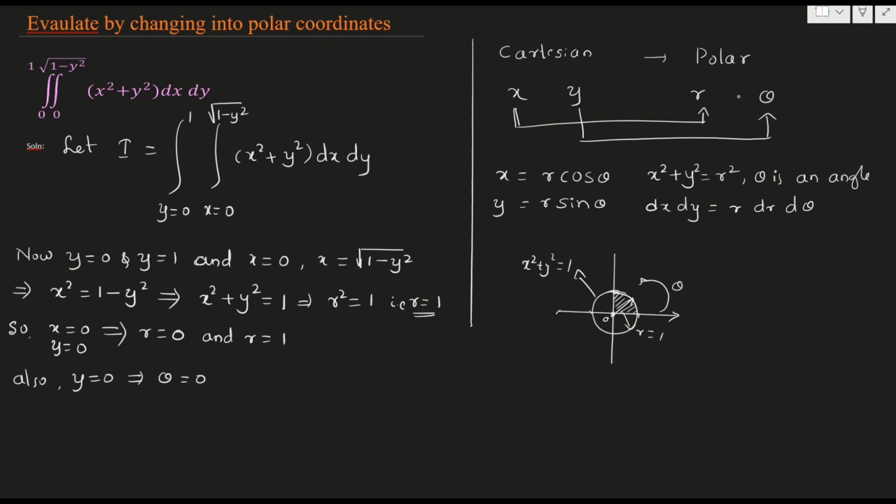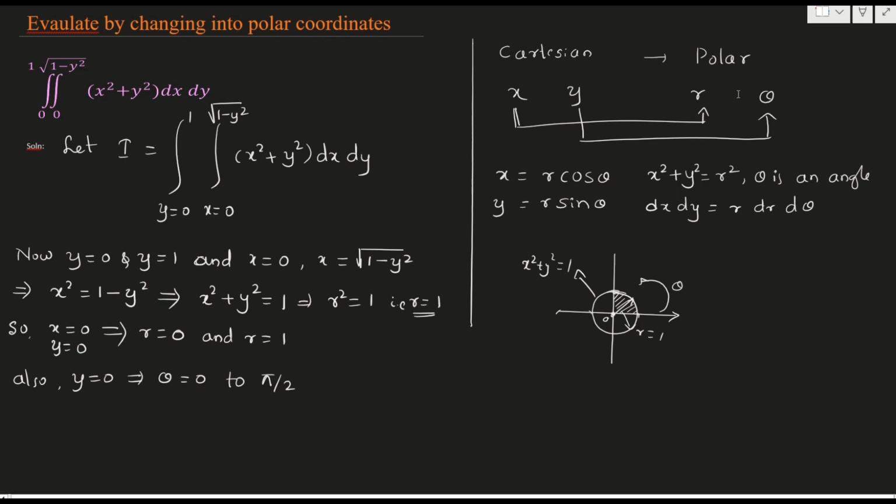And what about theta? We have to measure the angle starting from the x-axis, here. In the first quadrant we cover 90 degrees, so theta varies from 0 to pi by 2. We have got both the limits.